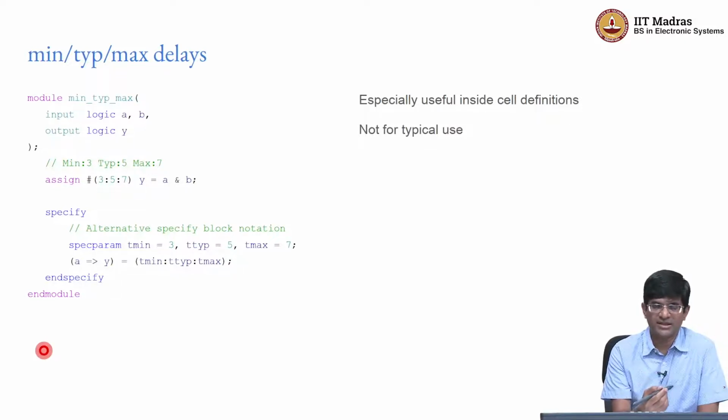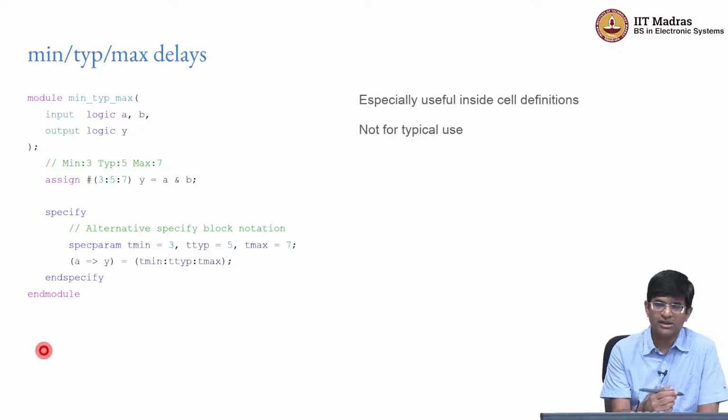The kind of process technology that was used, the kind of conditions under which a particular chip was manufactured, and also the operating conditions such as the temperature and environmental conditions or the voltage and so on, right, can make a difference to the delays through gates.